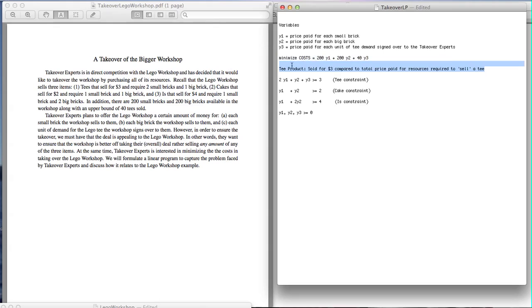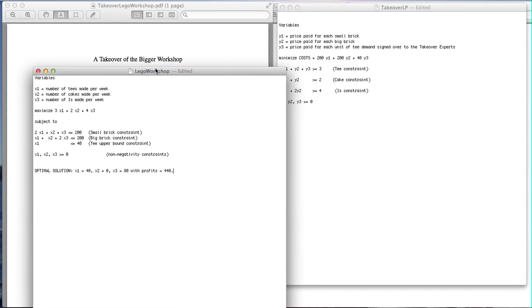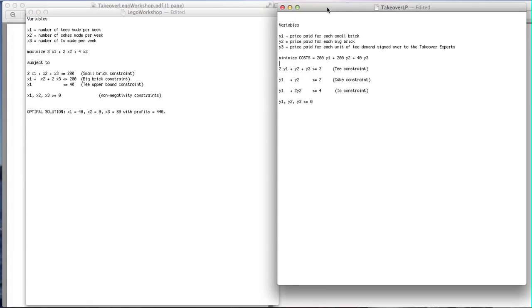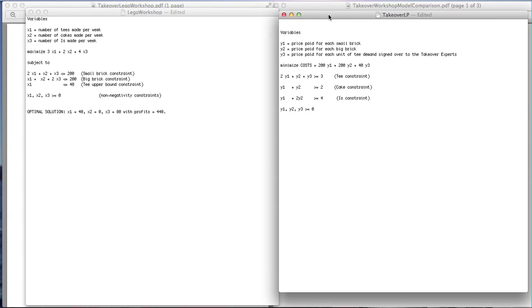So I'm just going to clean up the takeover LP, and essentially this is the linear program that we're facing with the takeover example. And now I'm going to bring back up the Lego workshop example. And comparing these two, there are some similarities.